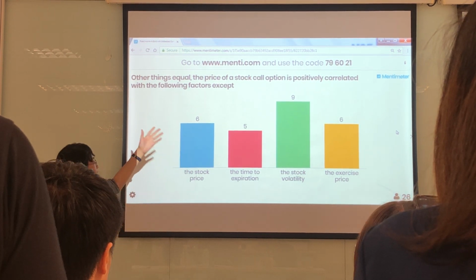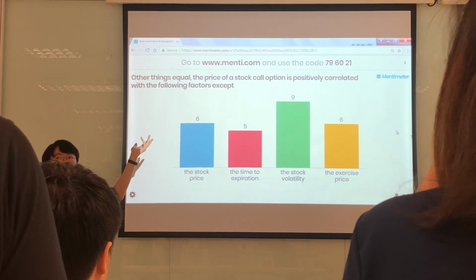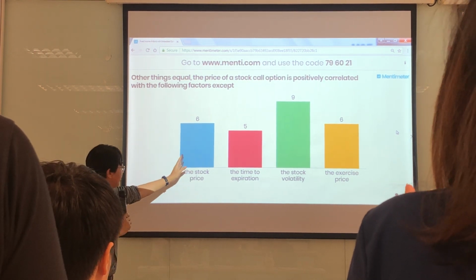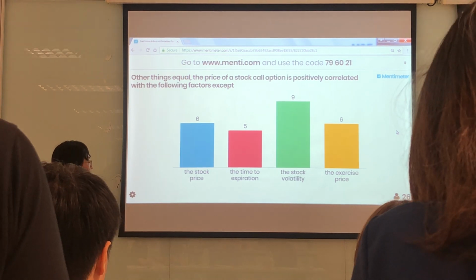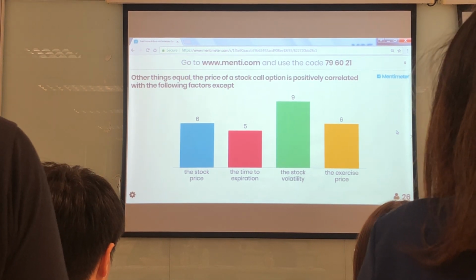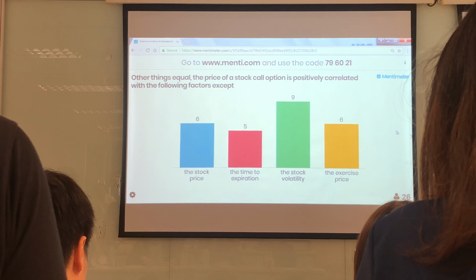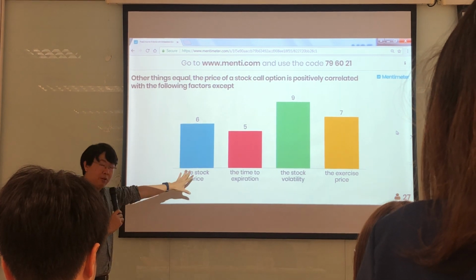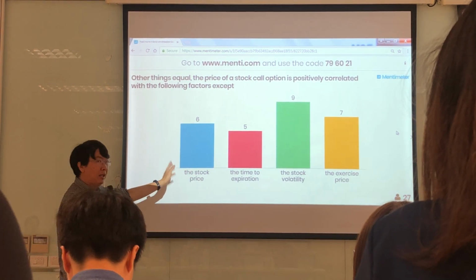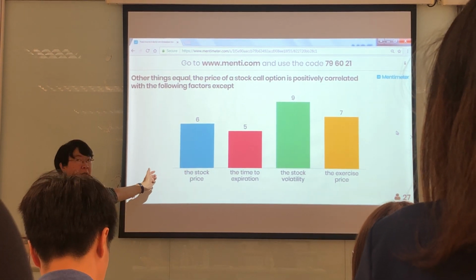The question asks which one is not correct. However, what we have seen in the graph is that the value of the call is positively correlated with the underlying asset. So this one is correct because we have seen it in the graph already.